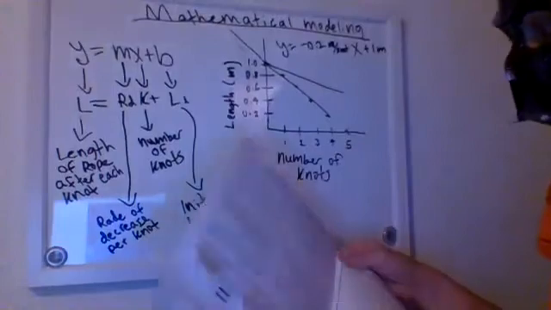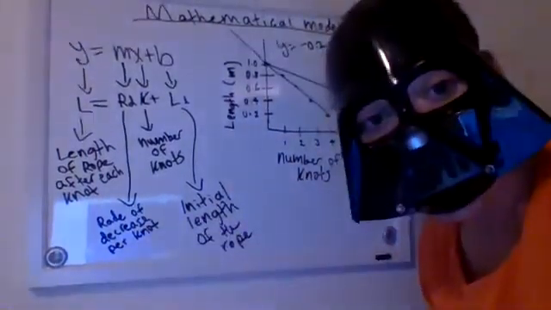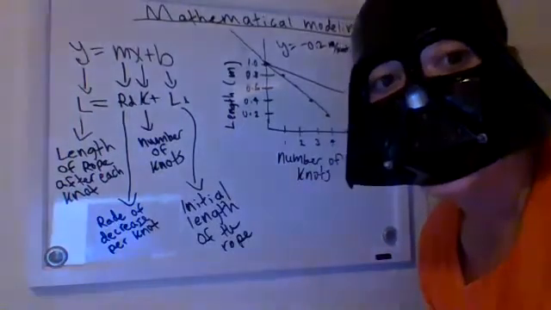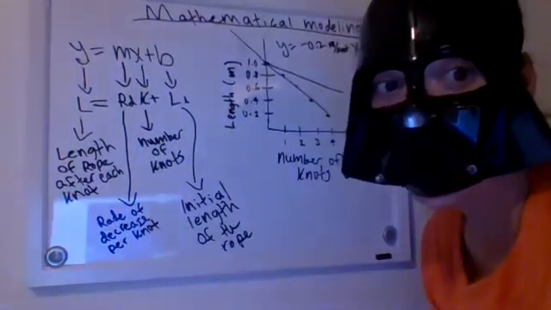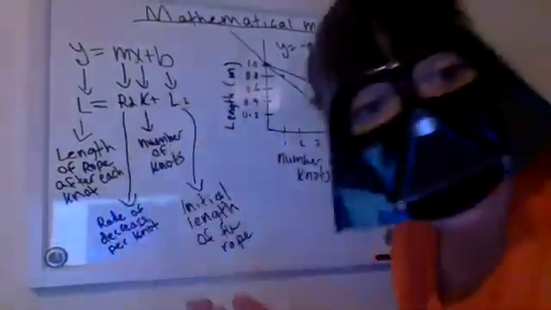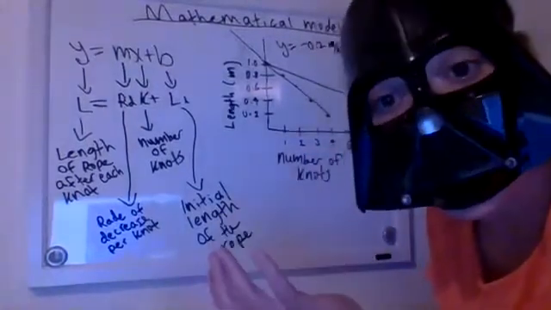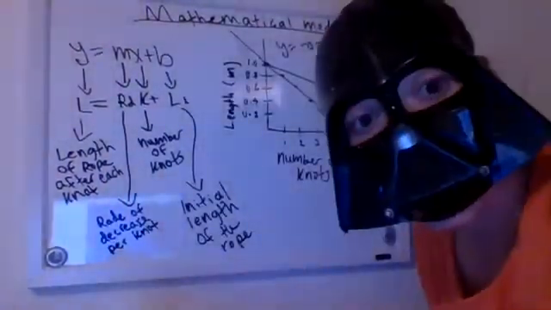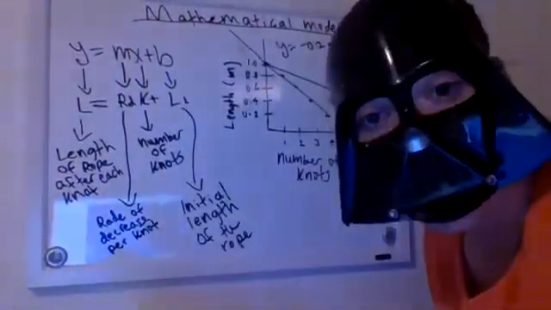So if you're doing Drive Me Crazy lab, which you will do next, or if you're in AP, your first lab is Drive Me Crazy lab, you should not be writing the length of rope for Drive Me Crazy lab. That doesn't make any sense. So do not just copy this equation down on your page if you're working on Drive Me Crazy lab. This is just an example.